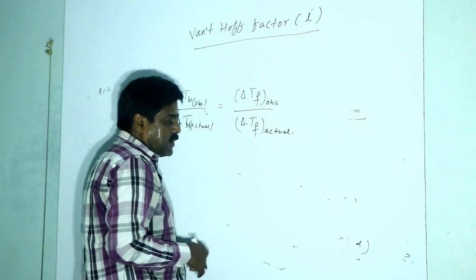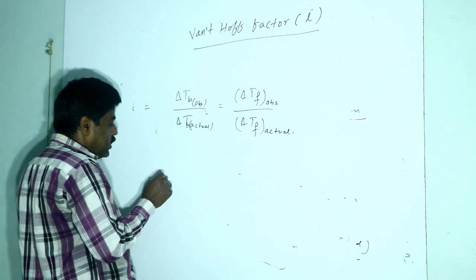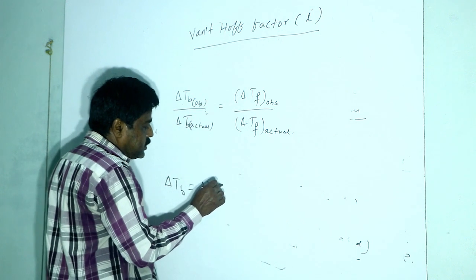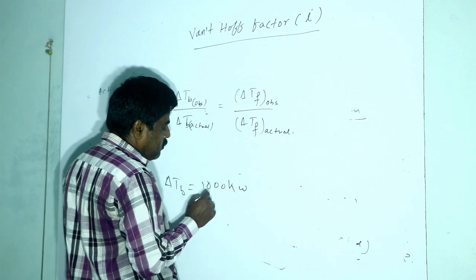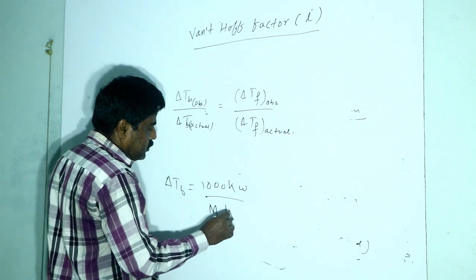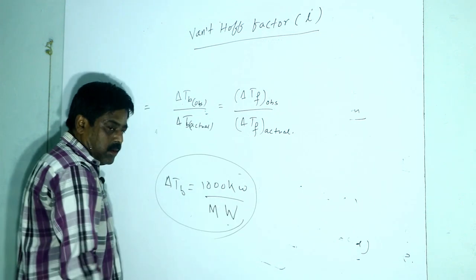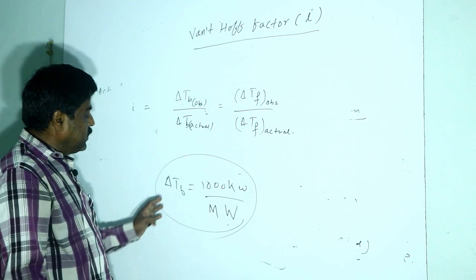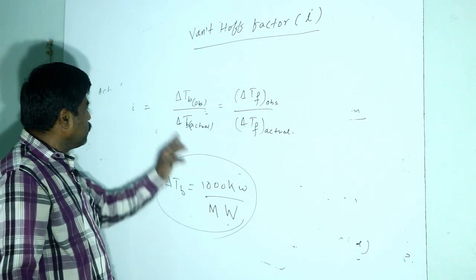Just the reverse one, because you know del Tb is equal to 1000 Kb W by capital M W. This is the elevation in boiling point data, and molecular mass can be represented as inversely related to this one.